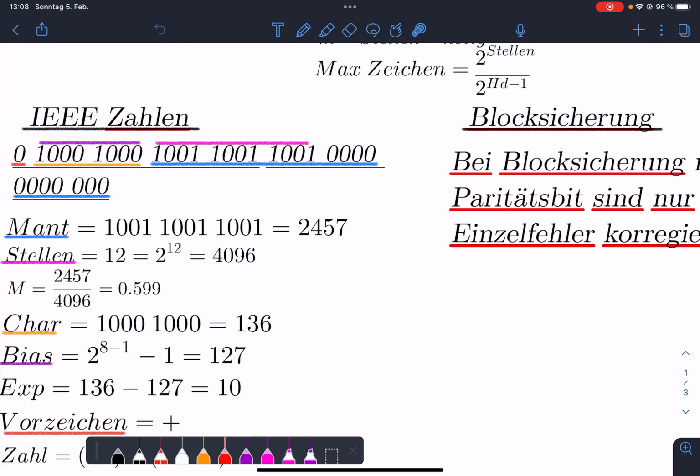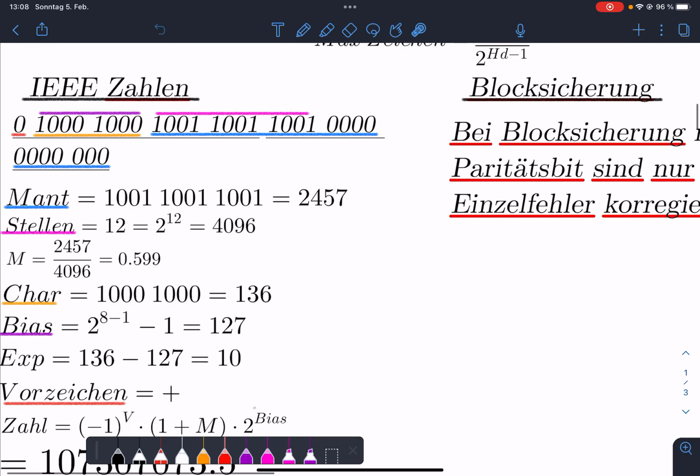Then we have the bias, which is based on the length of how many bits we have in our character. So in this case, we have 8 bits. So 8 bits minus 1, and the minus 1 is going to give us 127. That's how we get the bias, 8 being the amount of digits we have here.